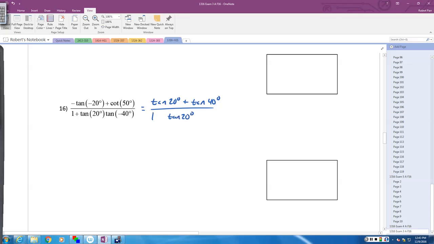And to make tangent a positive 40, I'm going to change the sign out here. So now I have the tangent of a sum, 20 plus 40. Tangent of 60. And tangent of 60 is square root of 3.